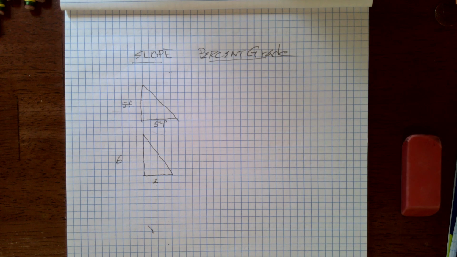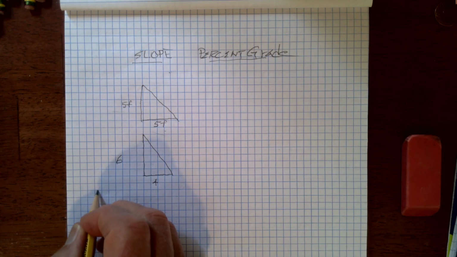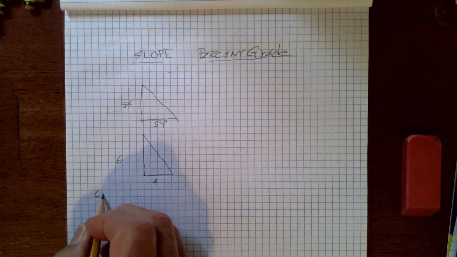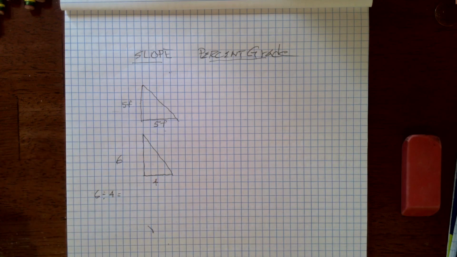Well, if we divide 6 by 4, we get 1.5. So what's the slope ratio here?